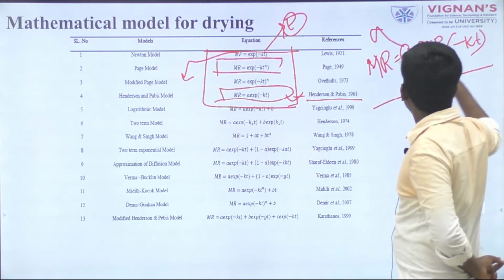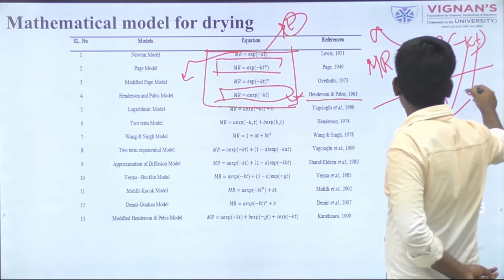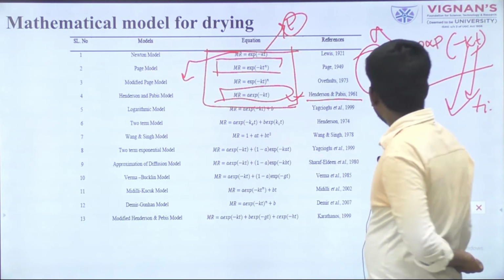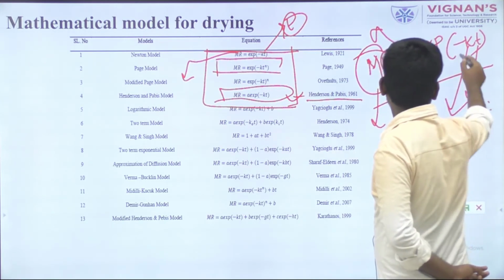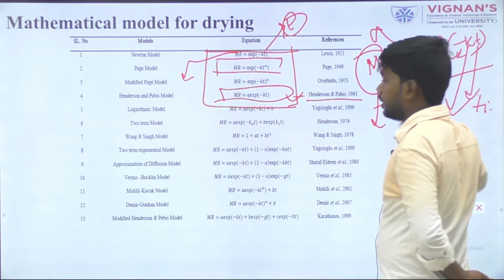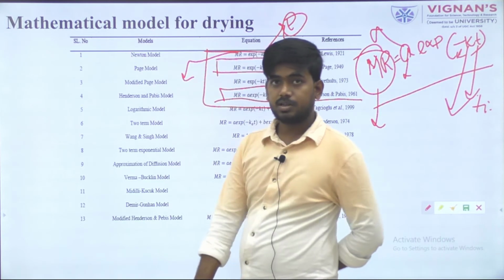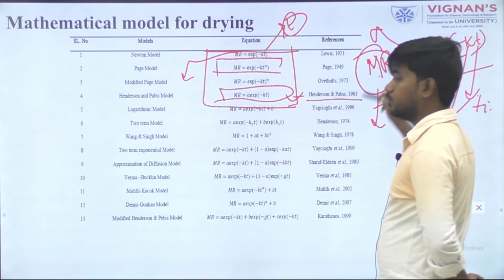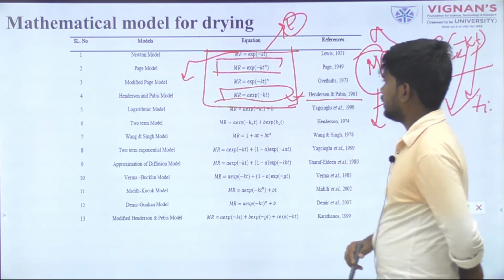Here A is a constant, K is a constant, T is the time, and MR is the moisture ratio. Maybe A, K and T values are given, and they ask you to find the moisture ratio using the Henderson model. Then you have to remember this formula, MR equals A exp minus KT.